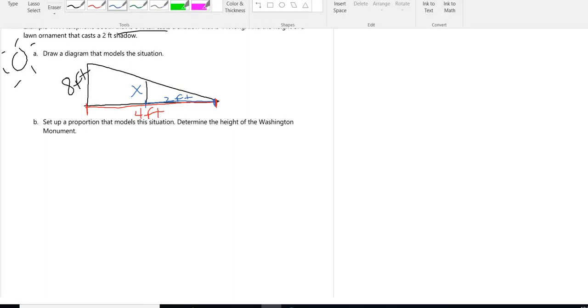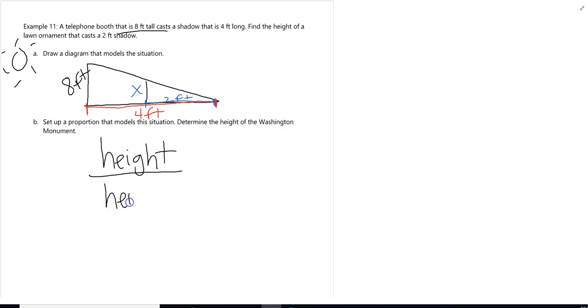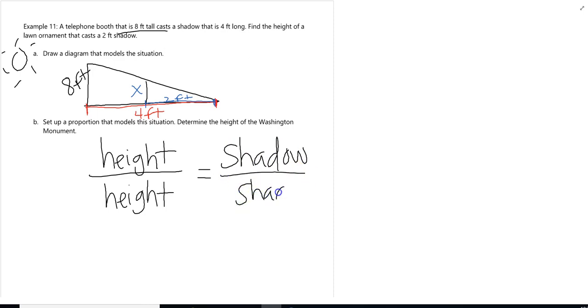So setting up our proportion just like we would in the last examples, we're going to have the height of our ornament over the height of our phone booth, and that's going to equal to the shadow of our ornament over the shadow of the telephone booth.